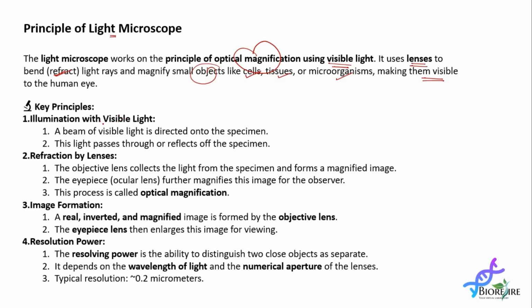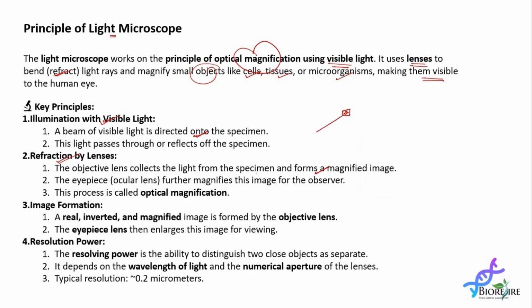First is illumination with light. A visible light beam is directed onto the specimen. Then it will pass through the specimen or reflect from it. Then the objective lens collects the light from the specimen and forms the magnified image. This is the specimen which we want to visualize.